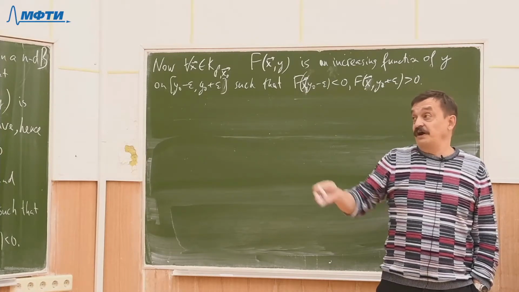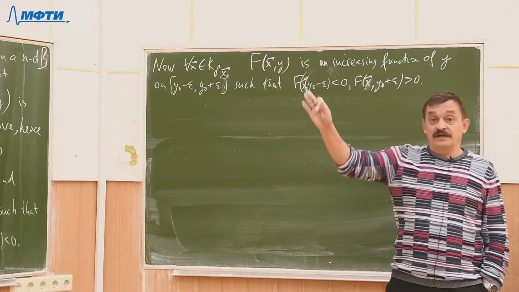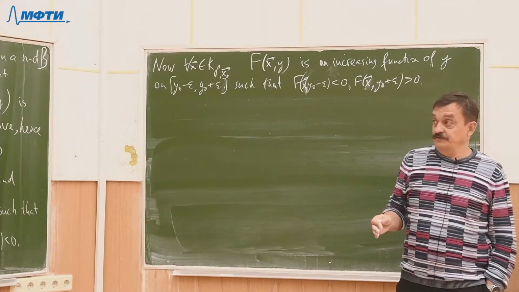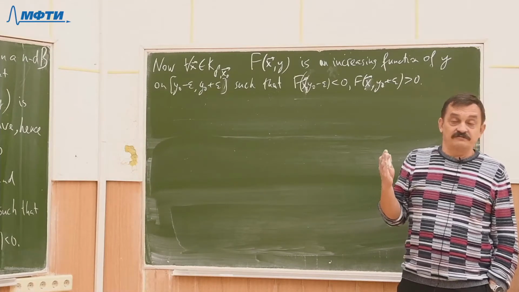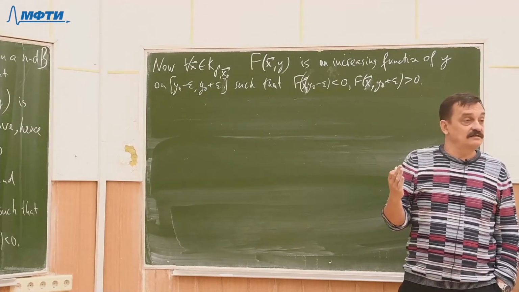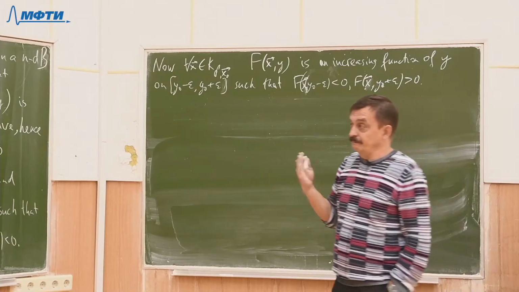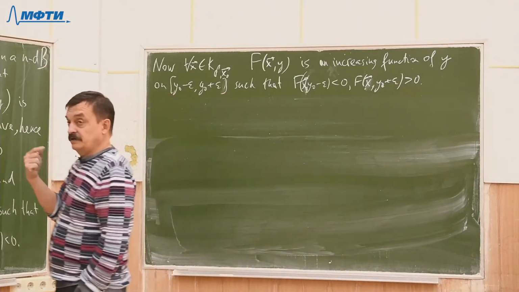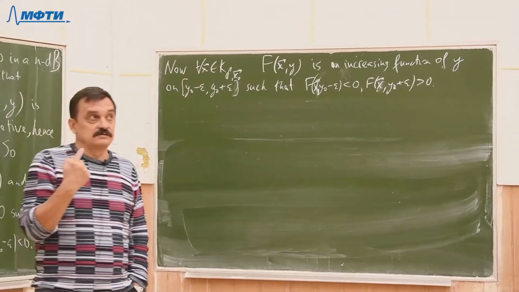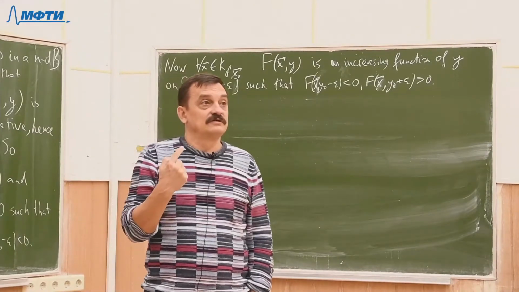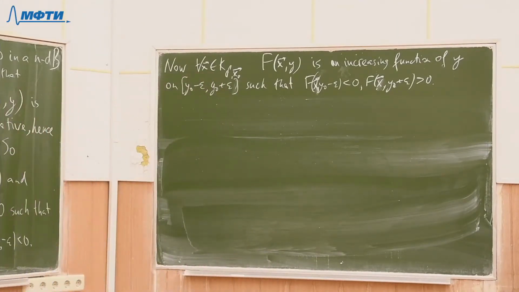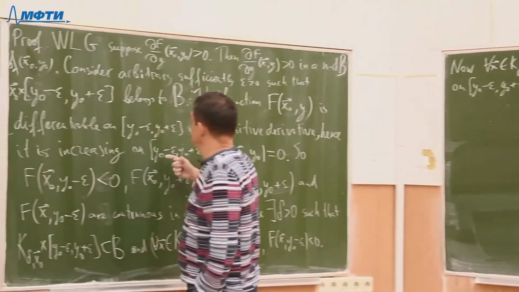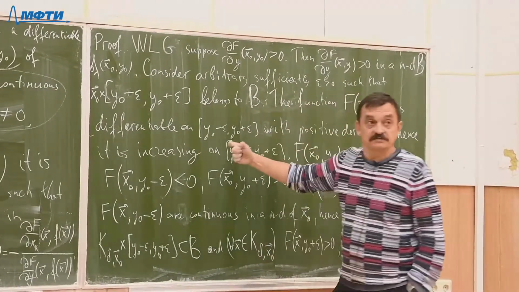And you can find even weaker suppositions for the implicit function theorem, namely, you see that in fact what is necessary, look, when we used the partial derivative, we used it just to find that the function is increasing.